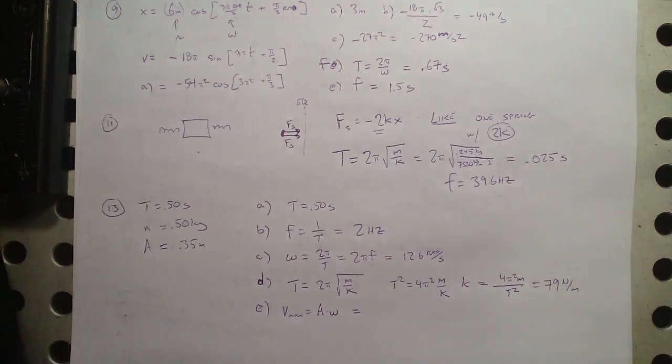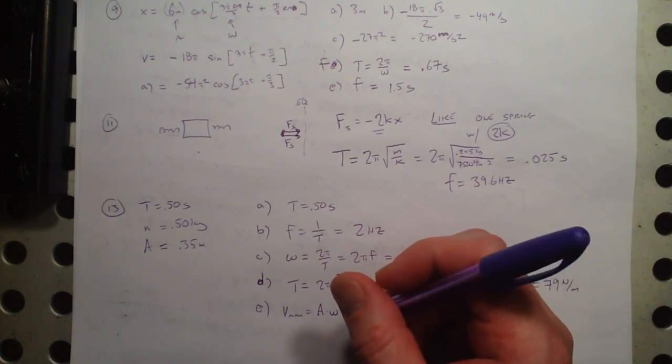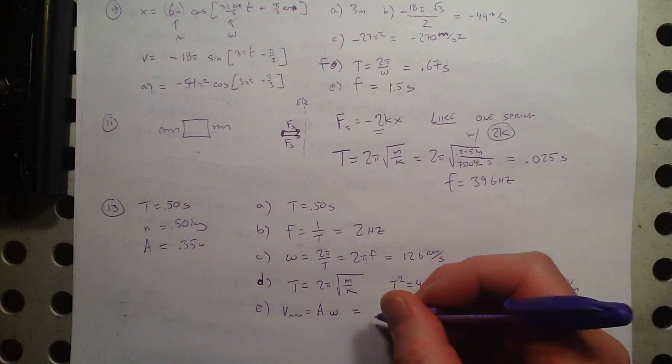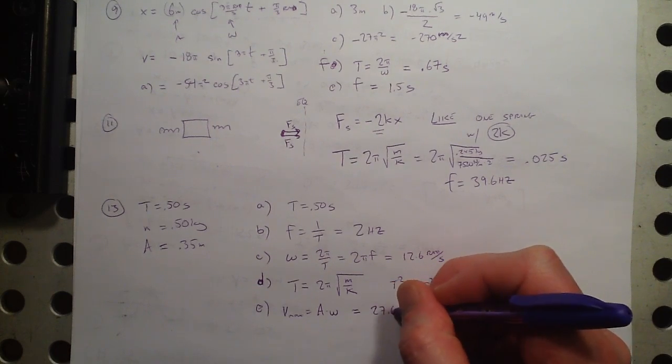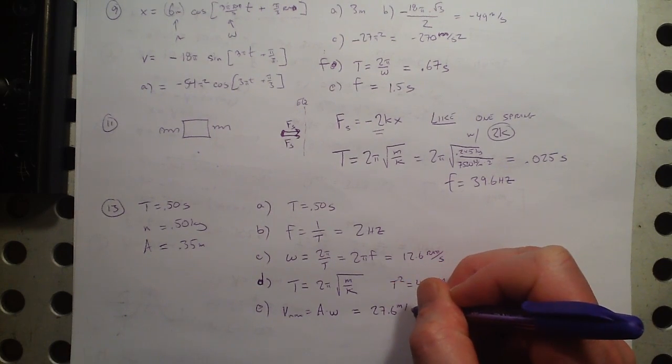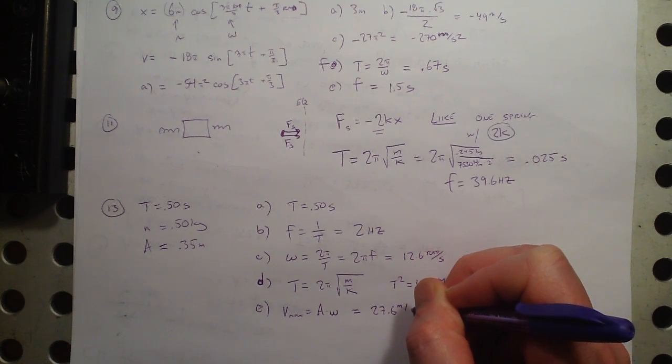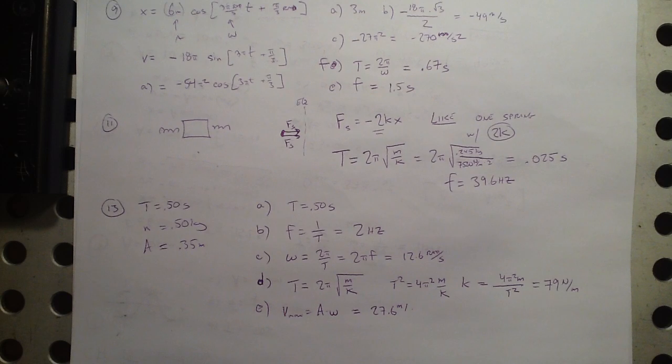So that's 79, 79, where did that come from? 27.6 meters per second. Wait, they don't have that. What did I do? Let's see.